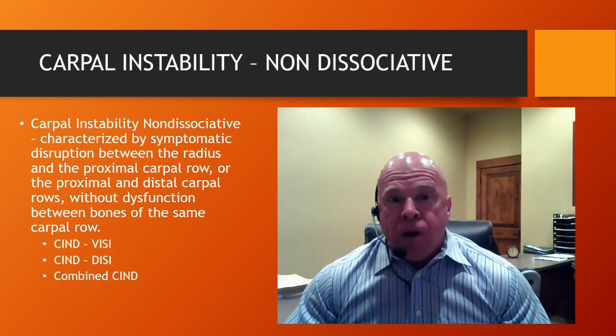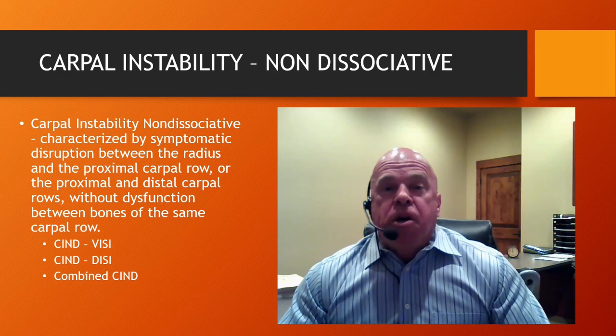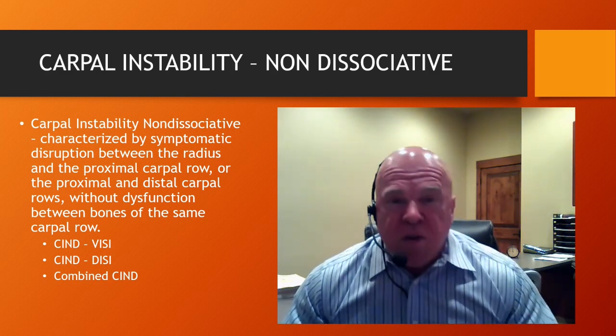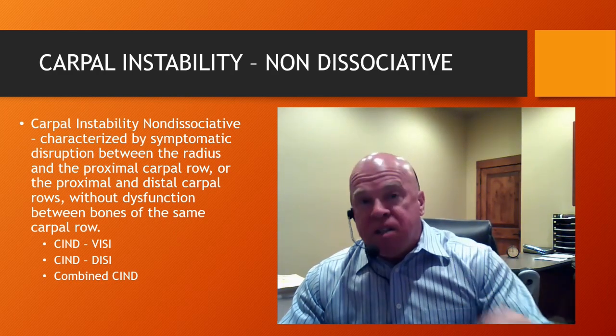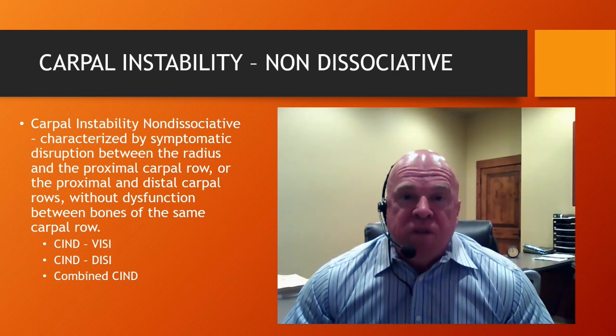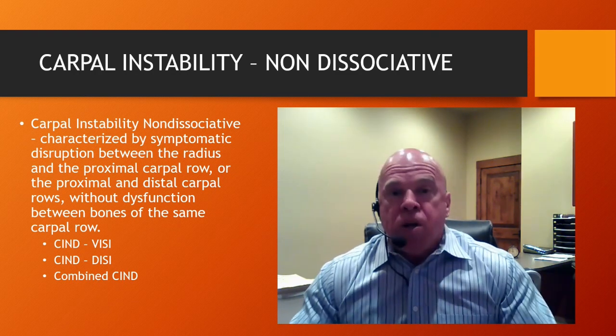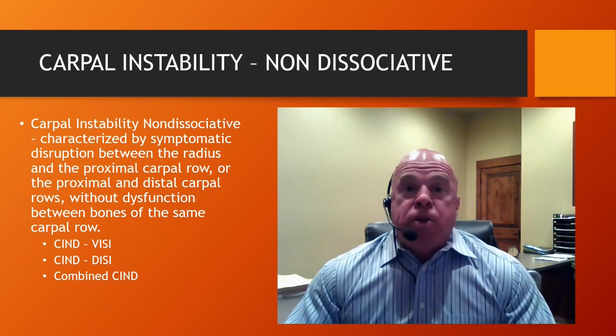A disruption not only between the distal radius and ulna and the proximal carpal bones, but an additional disruption between the proximal carpal bones and the distal carpal row. So this is obviously indicative of a more severe injury, with injury to both the volar and dorsal carpal ligaments.